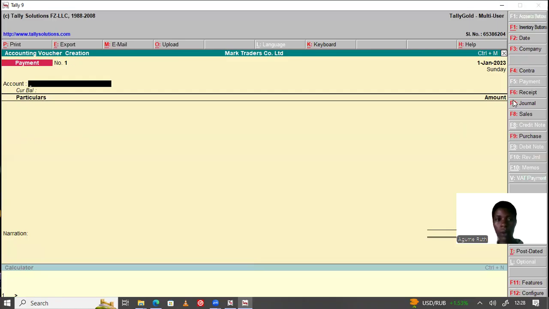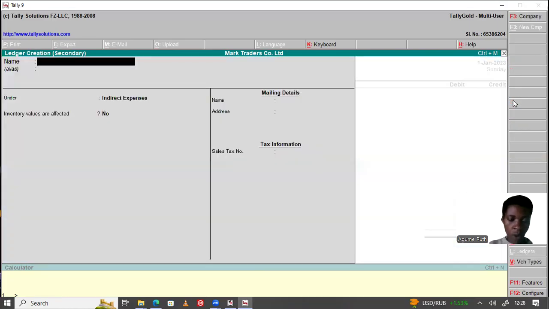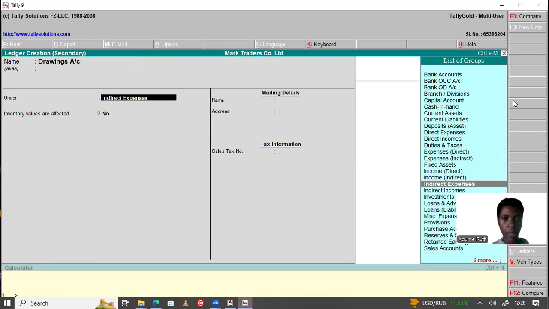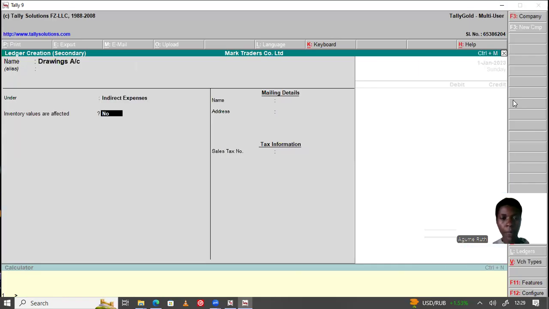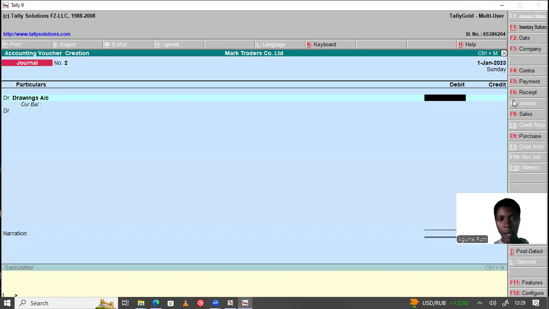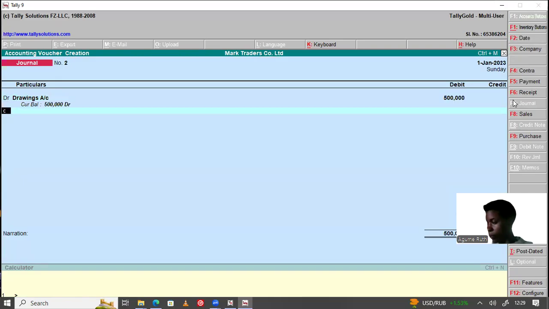I'm going to use a journal and I'm going to debit the drawings account. So drawings are the expenses to the business. I accept. That is, they withdrew 500,000, and then I credit Centenary because it was withdrawn from the bank.